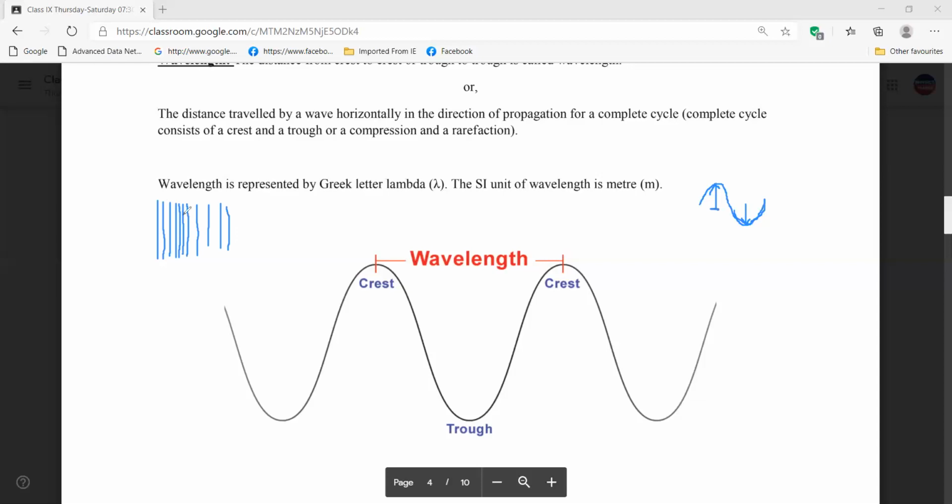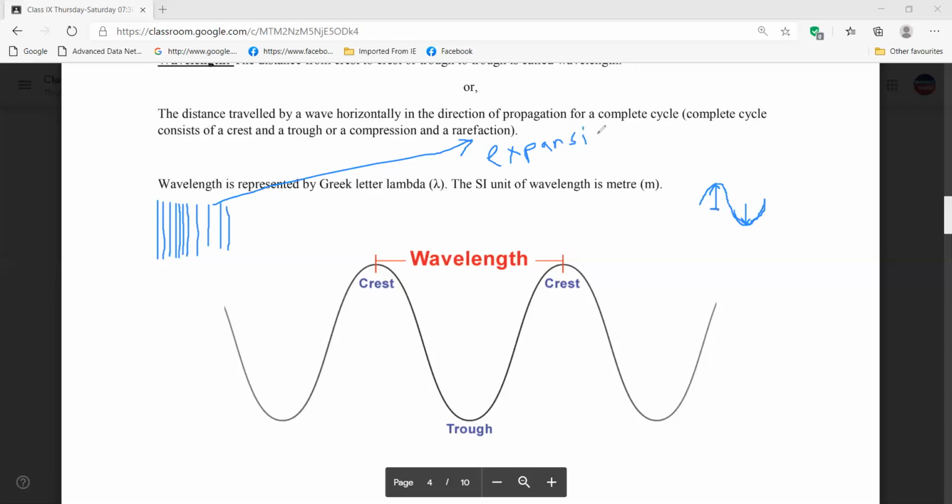So by this compression and rarefaction, this expansion is also known as rarefaction. You see here it's written rarefaction. Rarefaction means expansion.